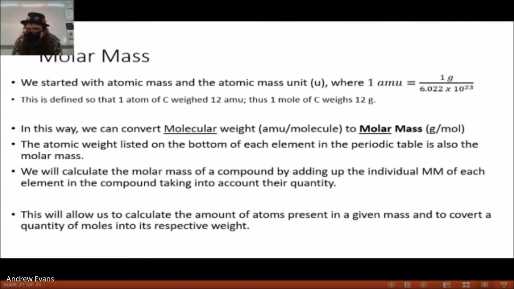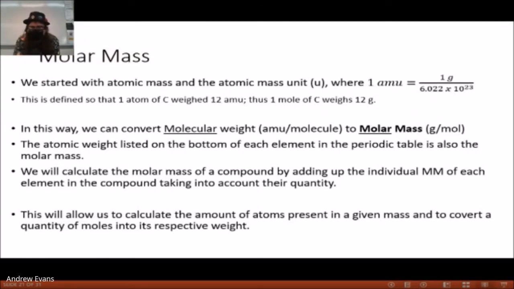If I'm looking at carbon dioxide, CO2, you'll have the 12 grams from carbon, but now you would have 2 oxygens. So 16 times 2 is 32. So 32 plus 12 is 44. So the molar mass of carbon dioxide is 44 grams in a mole.